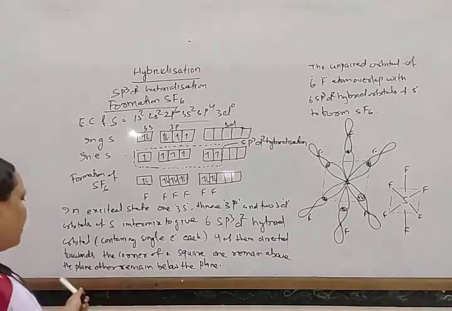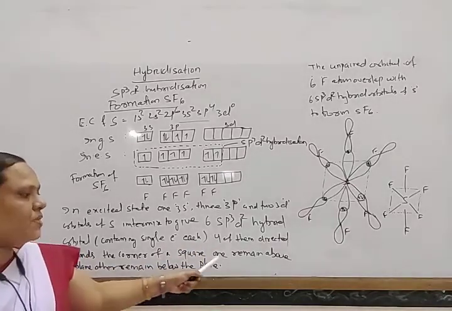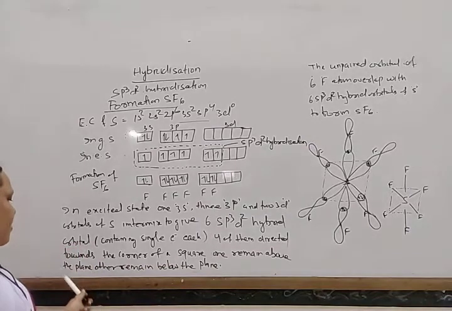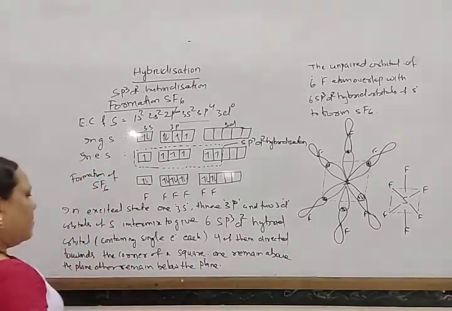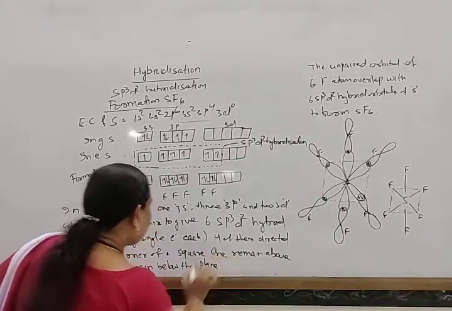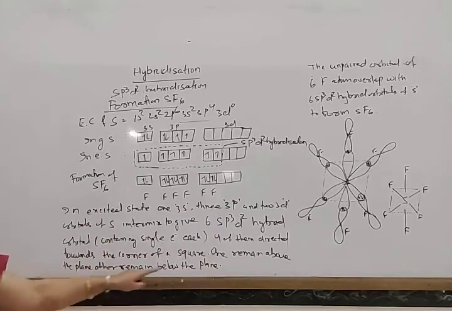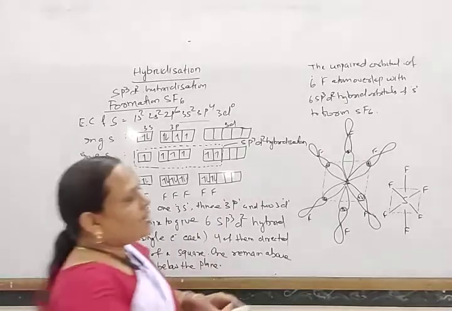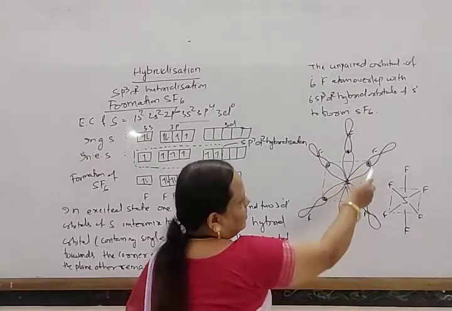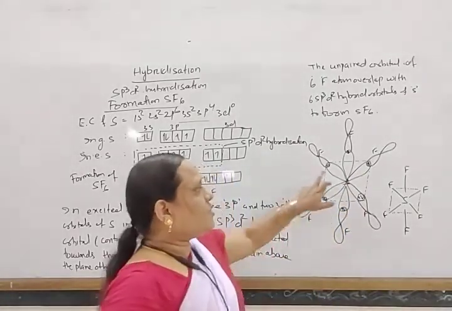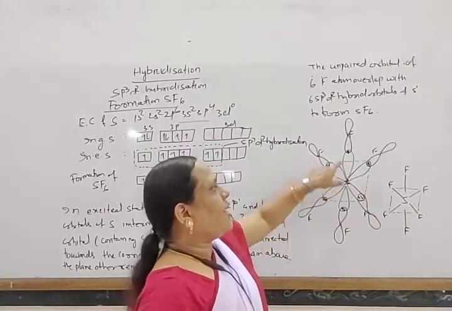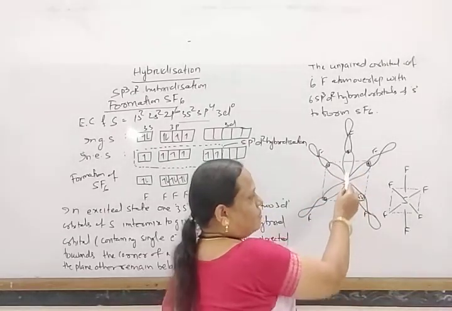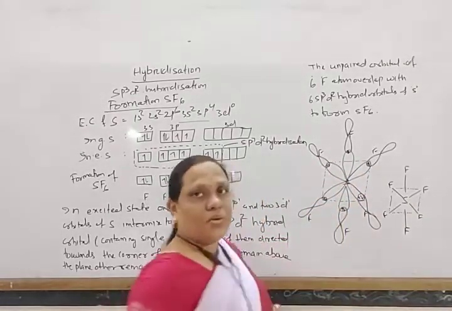Four of them are directed towards the corners of a square, one remains above the plane and another remains below the plane.